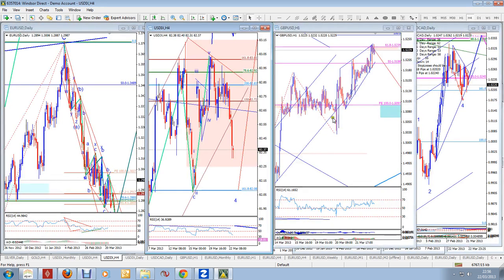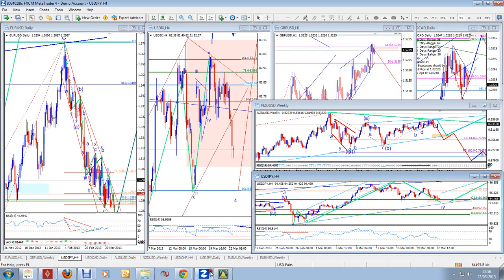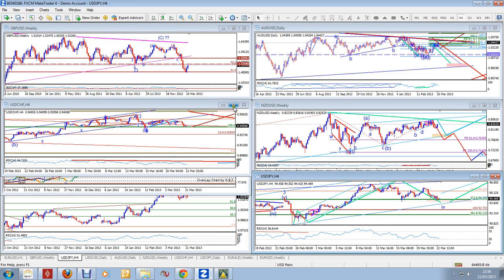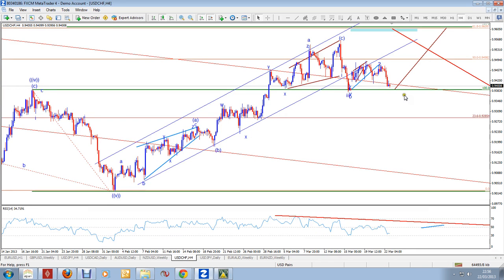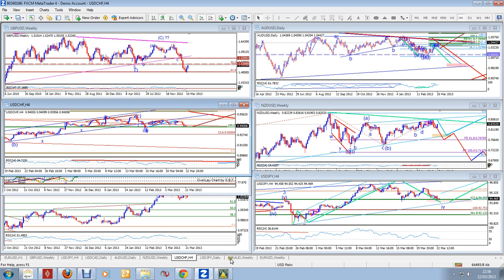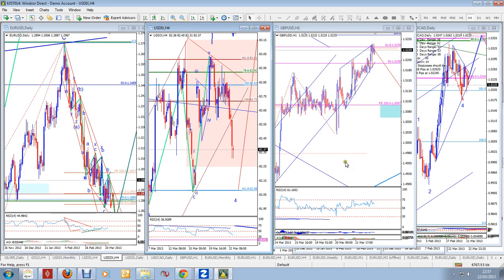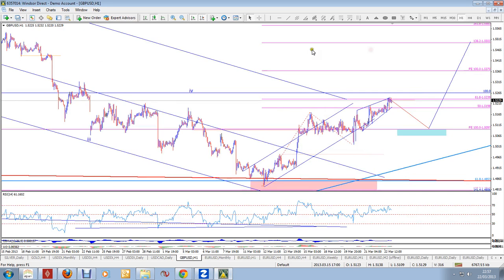And maybe in that case, on currencies like dollar Swiss, we might actually get another leg up, and same with dollar Canada. And that also explains that on the pound we finished the 5-wave above, we should get an ABC retracement back down.